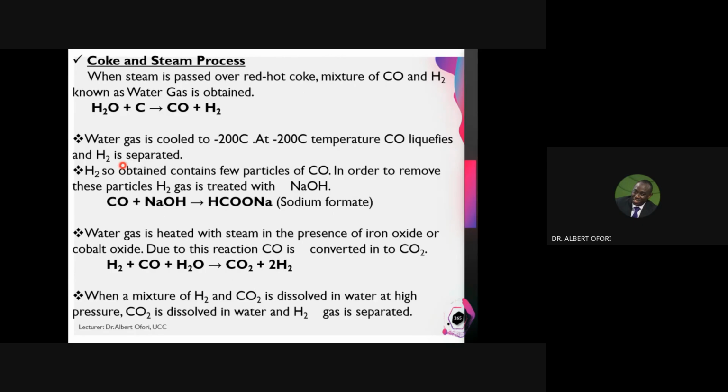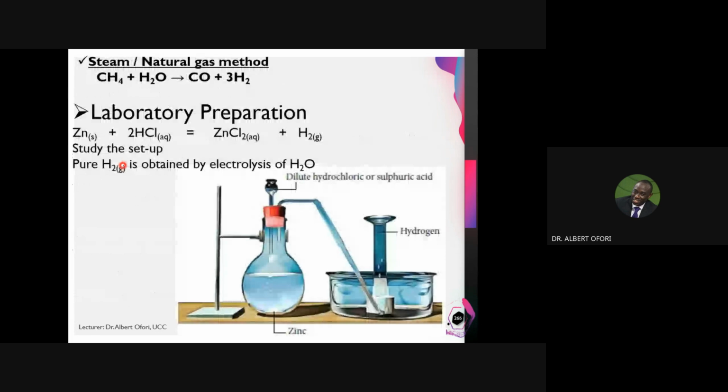A lot of processes, but in a simple experiment in the lab, we can produce hydrogen gas. So in a simple lab experiment, once I have say HCl, hydrochloric acid, I just drop in a zinc metal.